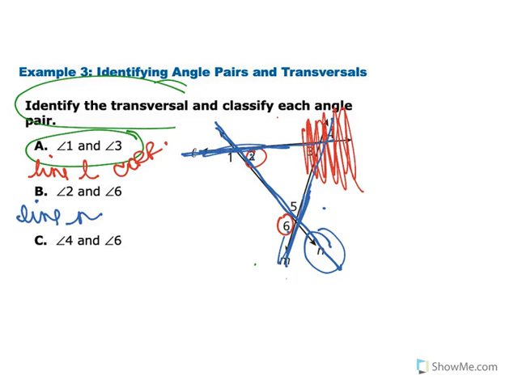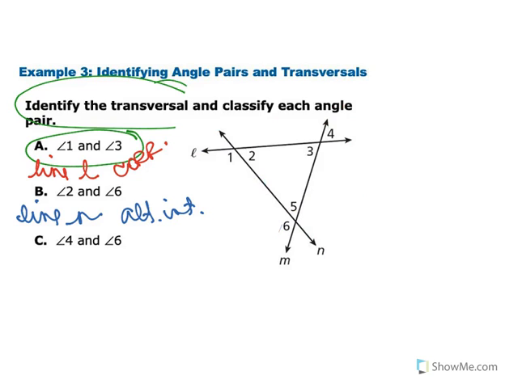They're between the 2 lines. So they're interior, and they're on alternate sides of the transversal, so they must be alternate interior. And yes, please feel free to abbreviate, as long as I can tell what you mean.